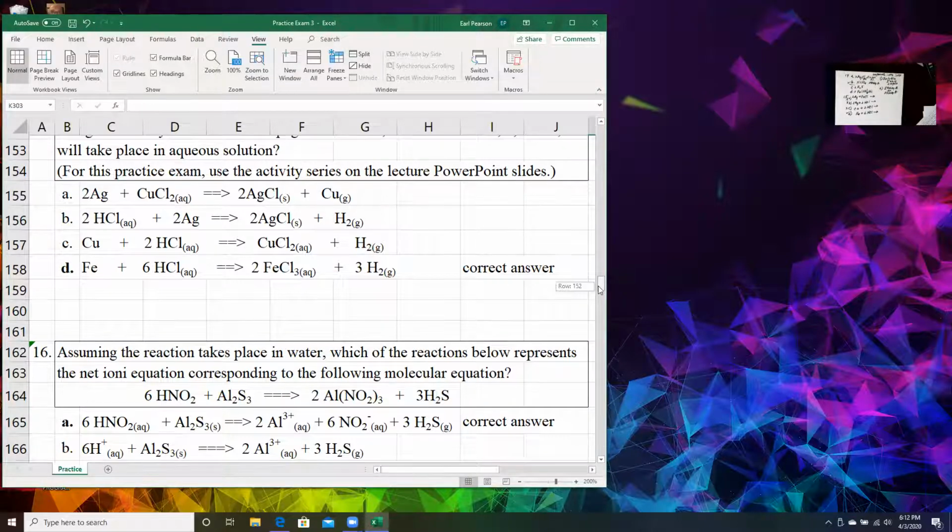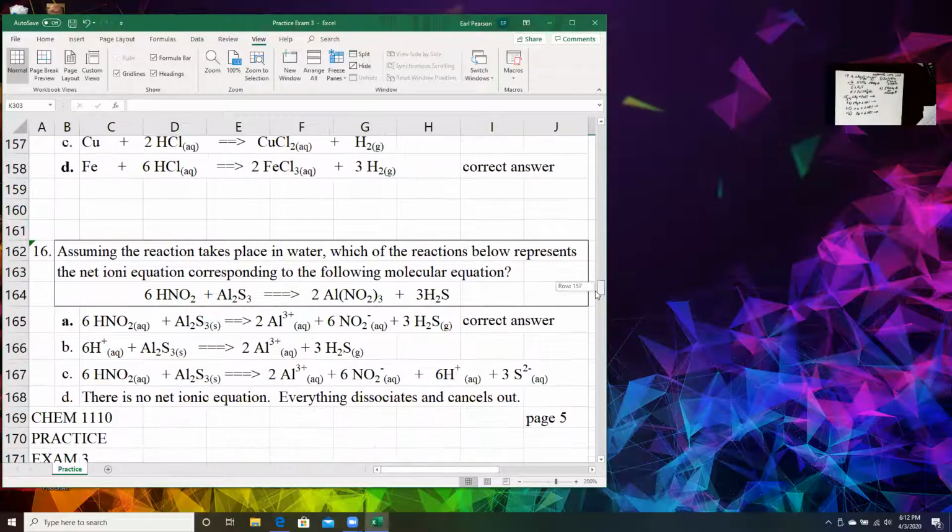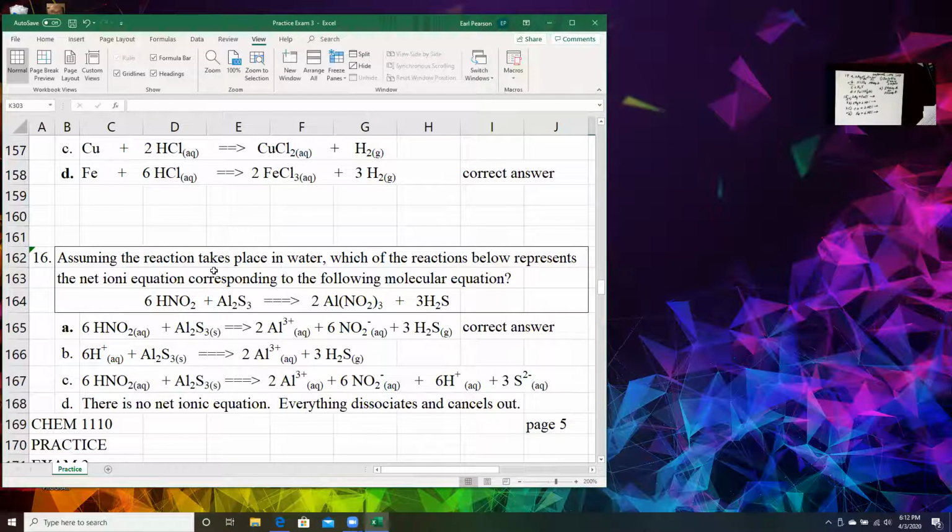Okay, let's look at number 16 and see what we've got. Assuming the reaction takes place in water, which of the reactions below represents the net ionic equation corresponding to this molecular equation?